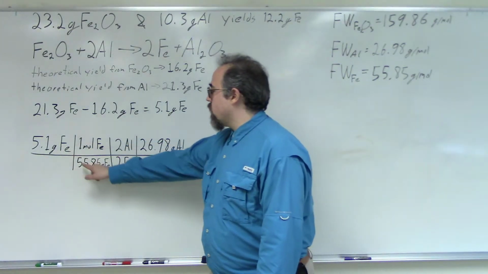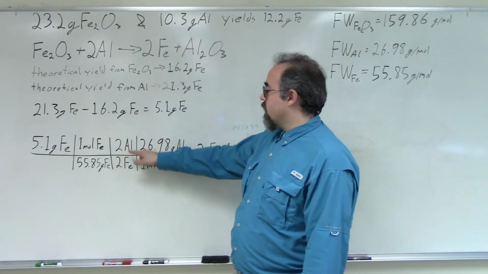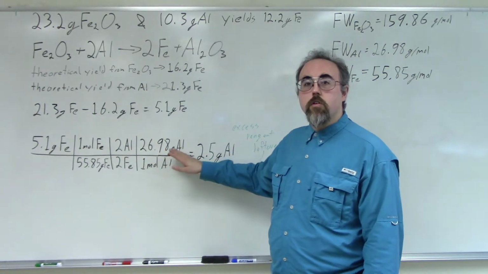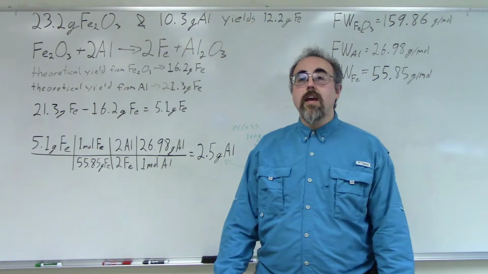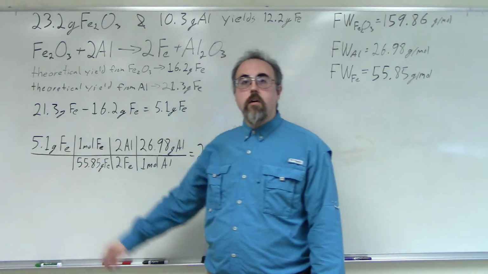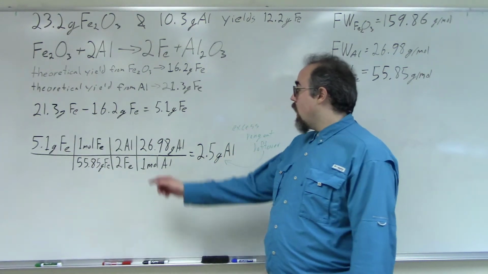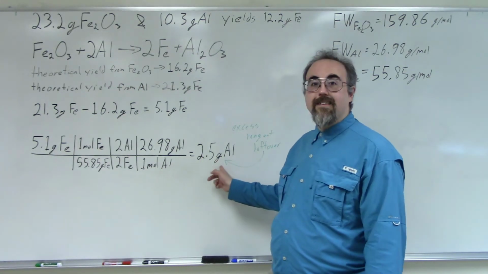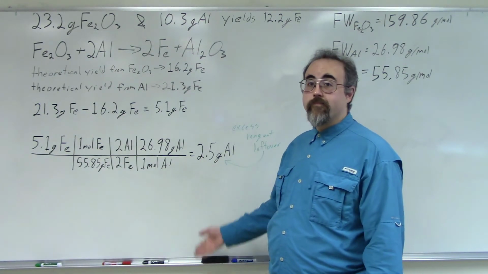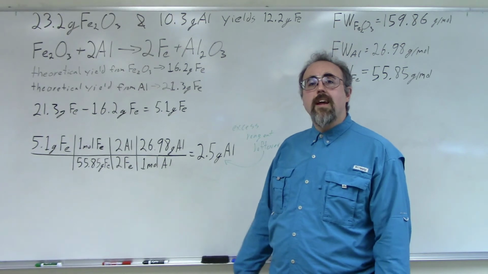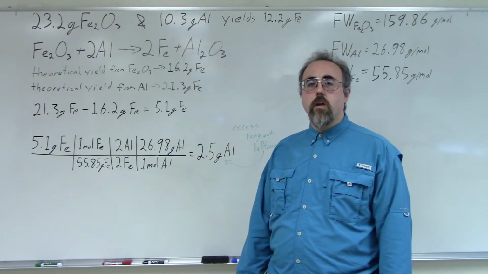So I'm going to convert this difference, convert the moles, figure out how much aluminum was not used in making that amount of iron from the iron oxide, and that is my excess reagent left over. Fairly straightforward. It's just an extension of the previous concept.